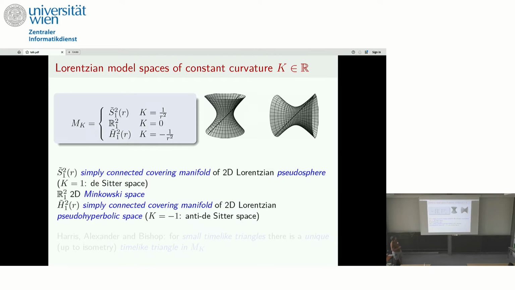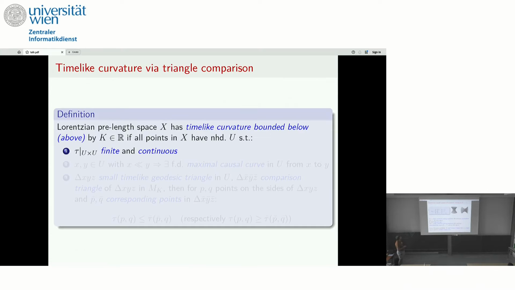And for k negative, this is the simply connected covering manifold of scaled anti-de Sitter space. And then Harris and Alexander Bishop showed that if you have time-like triangles, so three points which are time-like related, and the side lengths are small enough, depending on k, then there's a unique, up to an isometry, comparison triangle in these model spaces. So you can do triangle comparison.